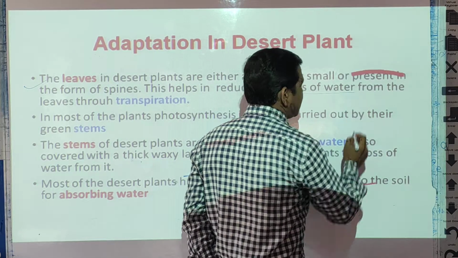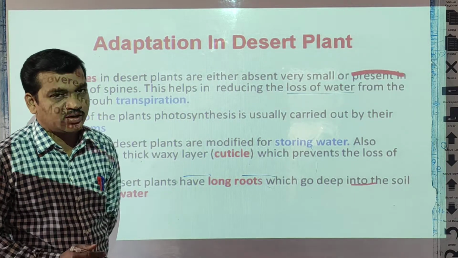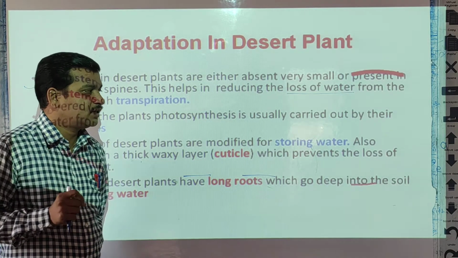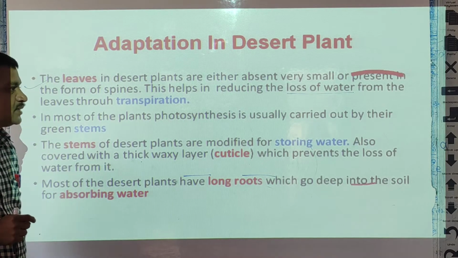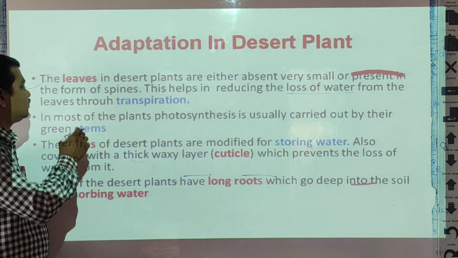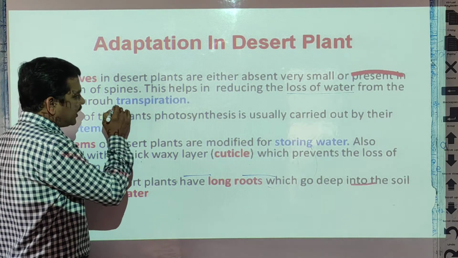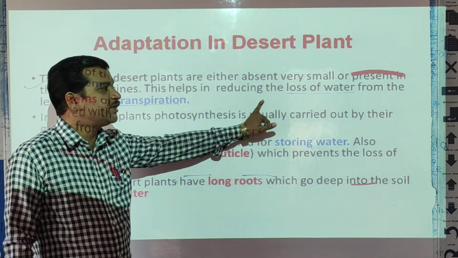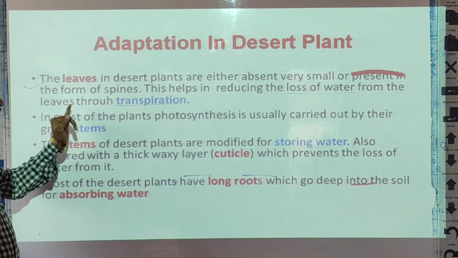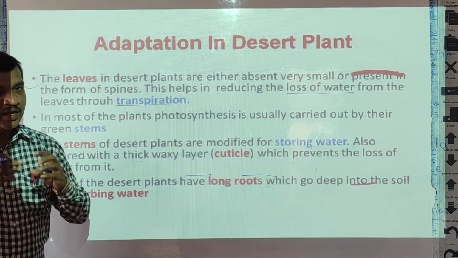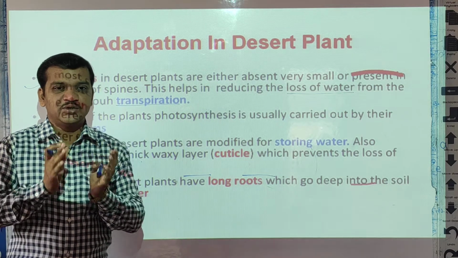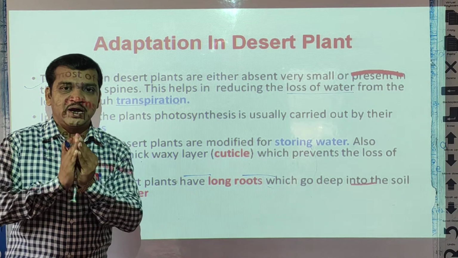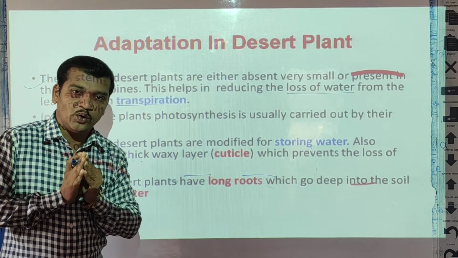Leaves that are spines or thorn-like or very small reduce the loss of water through transpiration. This helps in reducing the loss of water from the leaves through transpiration, and that is why the leaves are very small. If the leaves are very small, the transpiration rate will be reduced and the plant loses very less water. Okay.